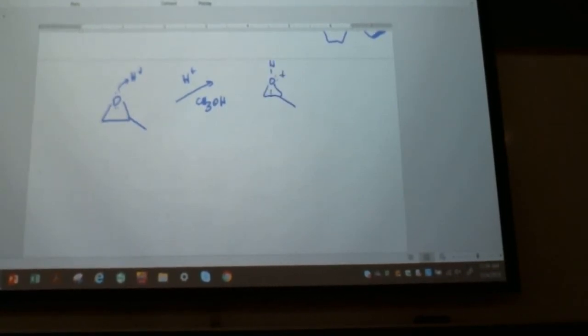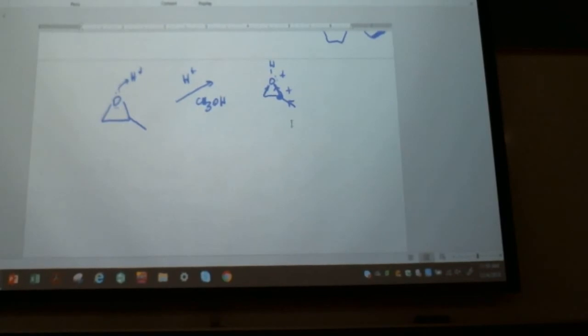Now, you can write this like this, but the fact of the matter is that you could also write this as, well, this is sucking electrons away from these carbons, but it would be able to suck more electrons away from here because it's got a substituent that can help out. So this carbon is more positive.